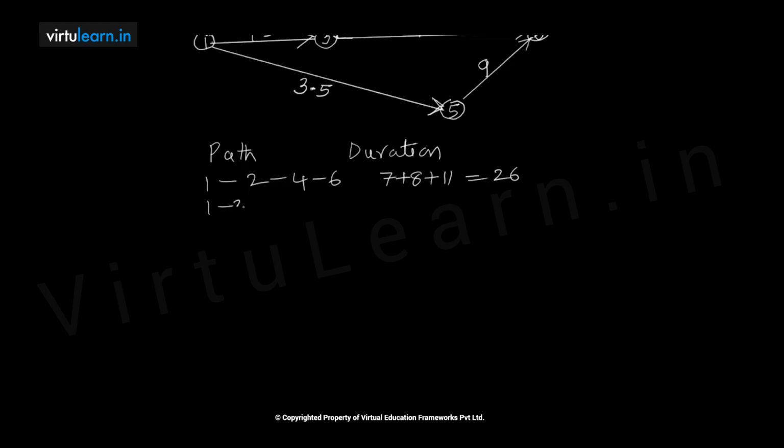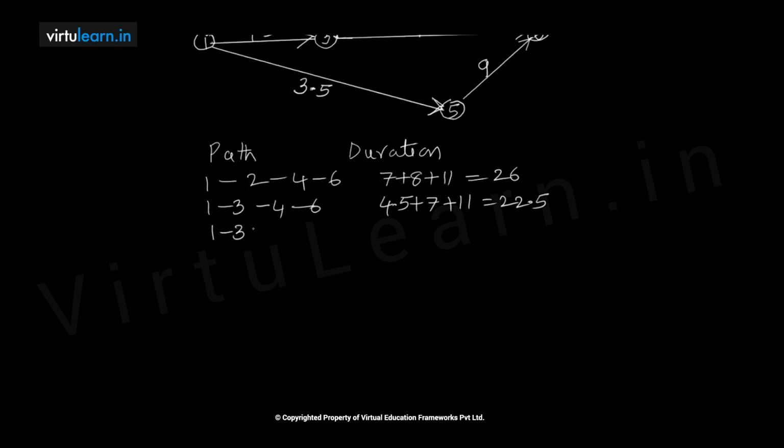Then 1, 3, 4, 6. It is 4.5 plus 7 plus 11, which gives us 22.5.